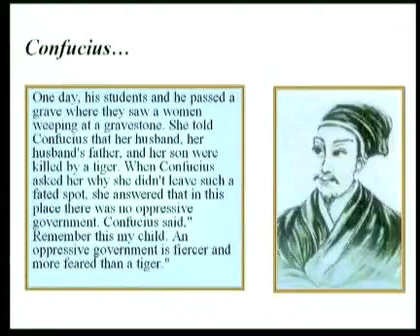She told Confucius that her husband's father, and her son were killed by a tiger. When Confucius asked her why she didn't leave such a fated spot, she answered that in this place there is no oppressive government. Confucius said, "Remember this, my child, an oppressive government is fiercer and more feared than a tiger."